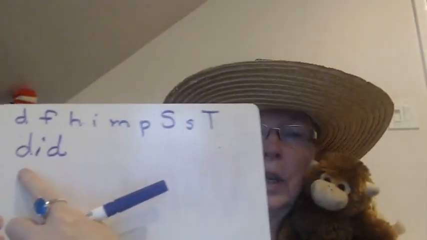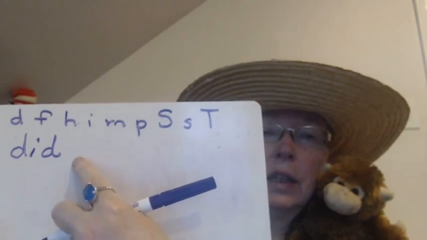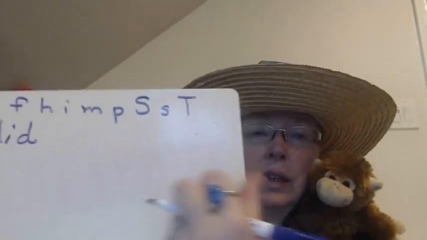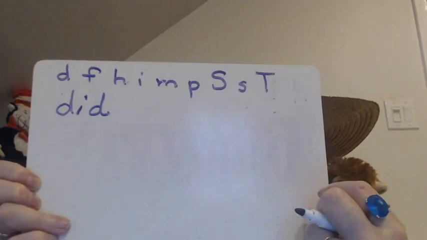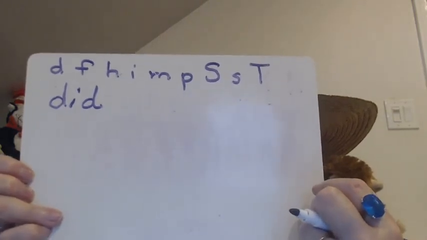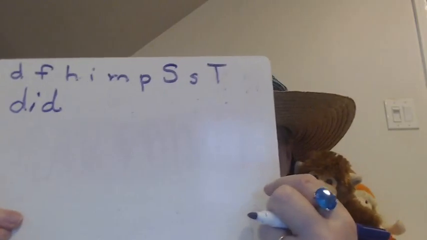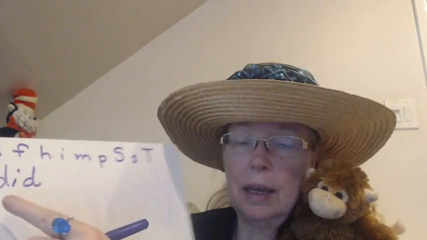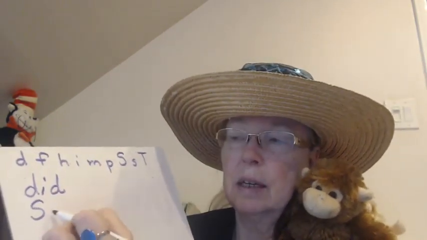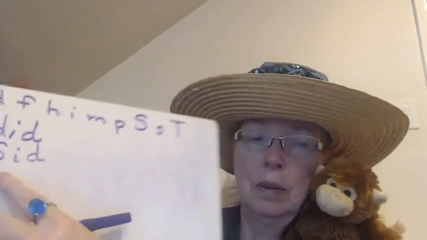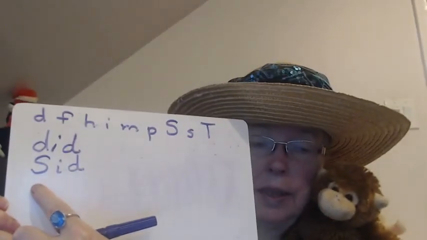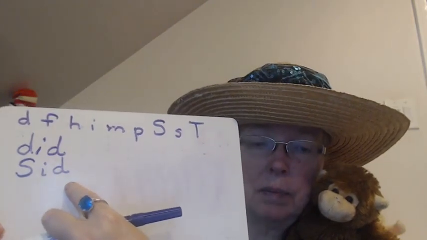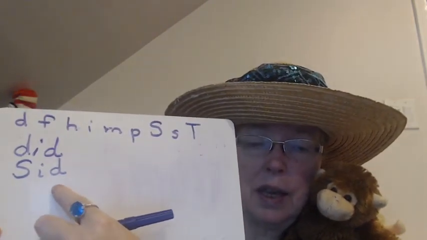And now this word is did. All right, let's take away the D, replace that first D with an uppercase S, and we're going to have someone's name. This person's name is Sid.